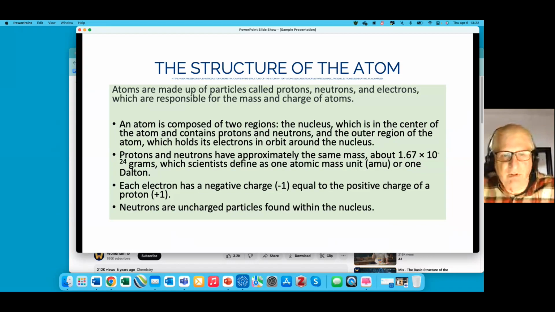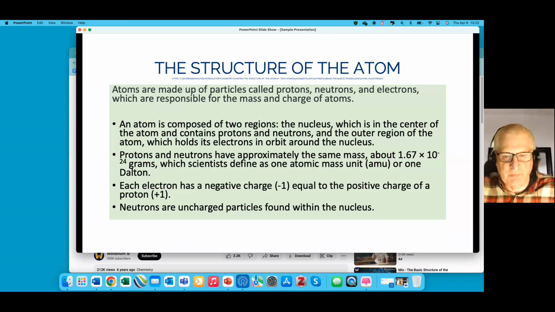Okay, let's go down. Susan, would you please read this next line, this first bullet point, please? Okay, so the nucleus is one region, and the area around the nucleus is the second region where the electrons are. Okay, let's just keep going down. Protons and neutrons have about the same mass.